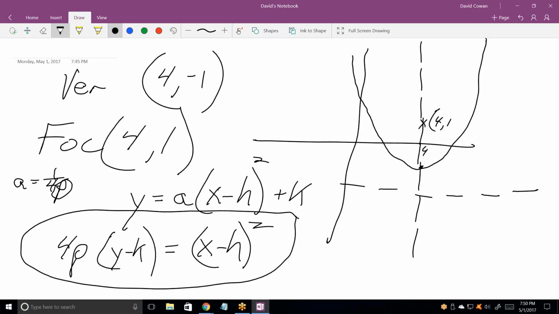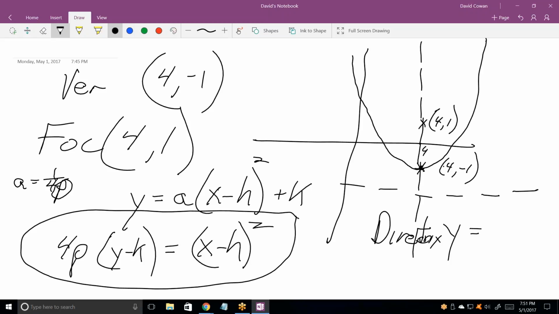If the vertex is at (4, -1), where's the directrix? What's the equation of the directrix? It's going to be y equals something. Well, it's got to be the same distance.